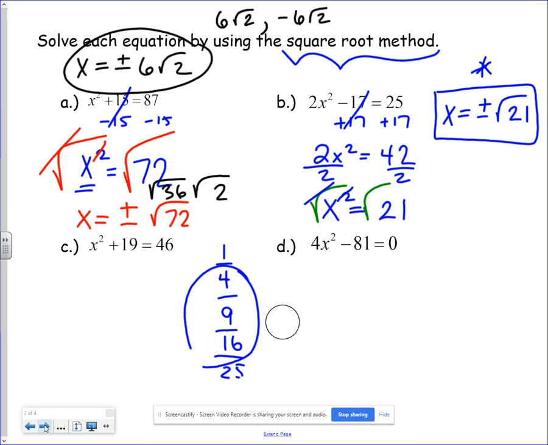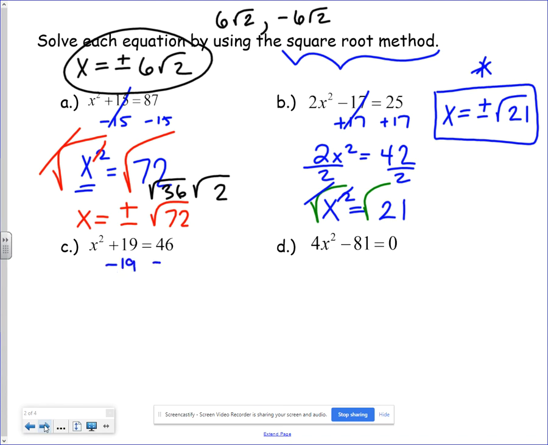All right, let's try these last two examples. So C, we would subtract 19 from both sides. We get x squared equals 46 minus 19, which is 27. Take the square root of both sides.